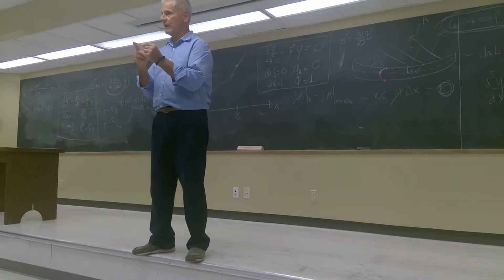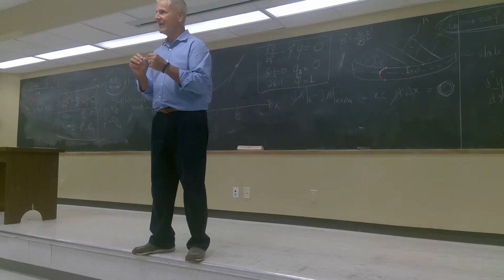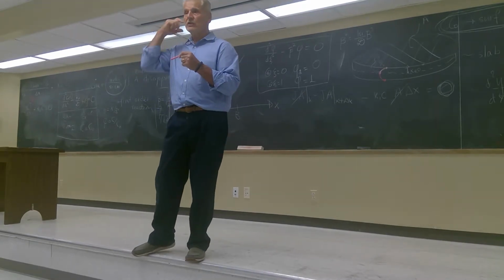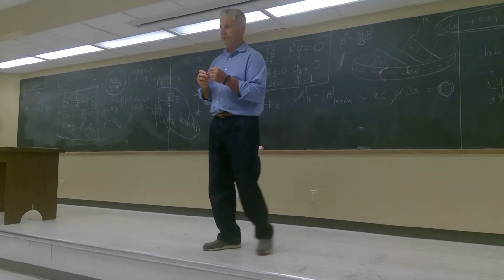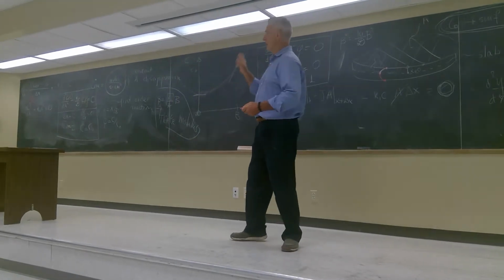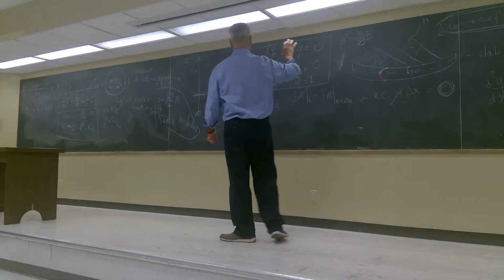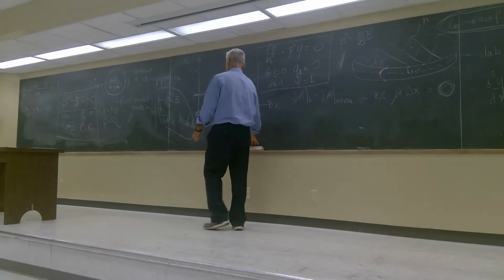It's as if they're insulated, so that we can ignore end effects. And then we're going to draw balances for the two. One will be drawn on the left-hand side, one balance will be drawn on the right-hand side.